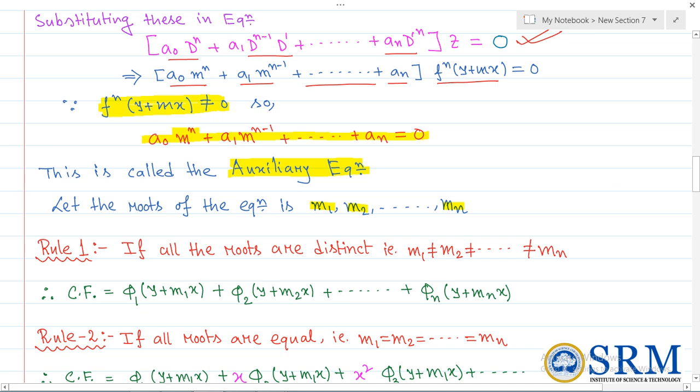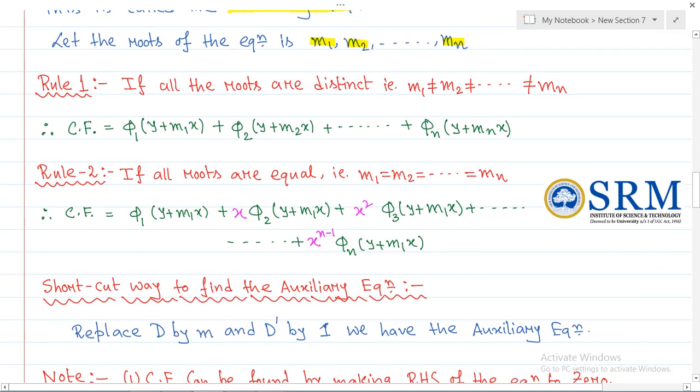Now for finding the complementary function, we have to remember two separate rules. Rule number 1 says that if all the roots are distinct, that is every root is different, m1 not equal to m2 not equal to m3 not equal to mn, then our complementary function is going to be phi 1 of y plus m1 x, because we have already considered the solution as z equal to f of y plus mx, where f is an unknown function.